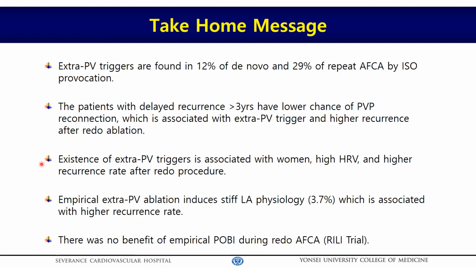Existence of extra PV triggers is associated with women, high heart rate variability, higher recurrence rate after Redo procedure, and the empirical extra PV ablation includes stiff LA physiology, which is associated with higher chance of recurrence. There was no benefit of empirical posterior box isolation during repeat ablation procedures.